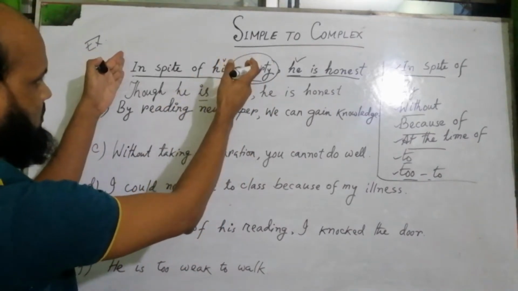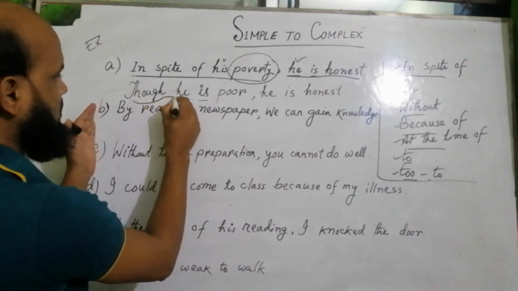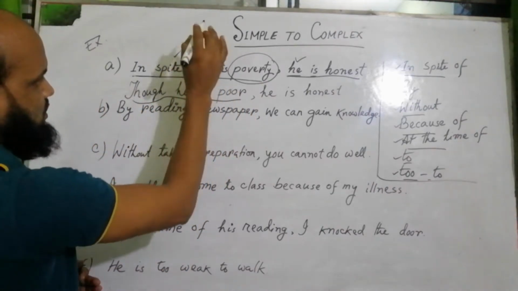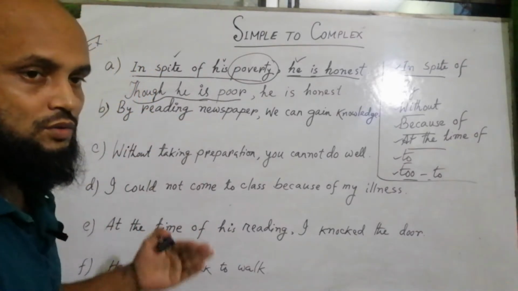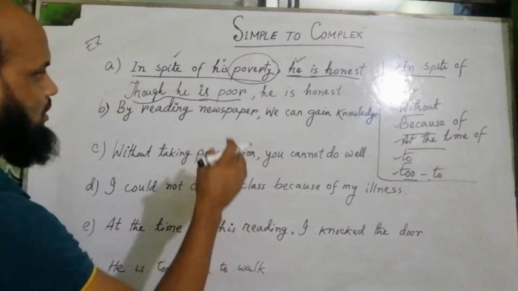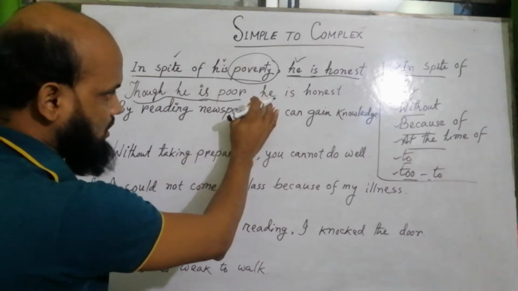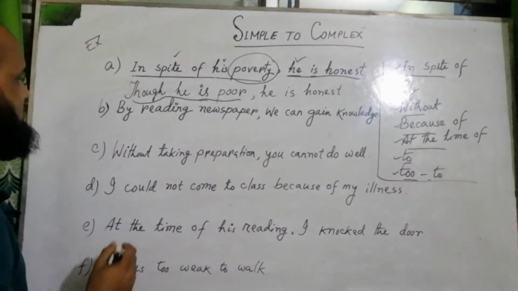We have changed this phrase into this clause with though. So you can remember in spite of. If you see in spite of, you have to write though when you are going to change into complex. And write the relevant verbs and other things separating with comma, and write the principal clause unchanged.